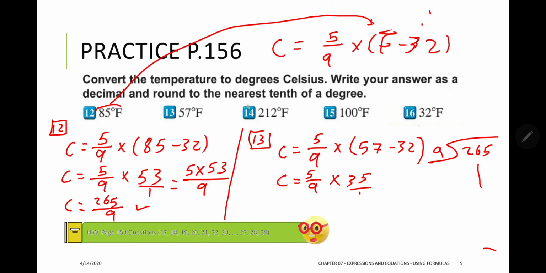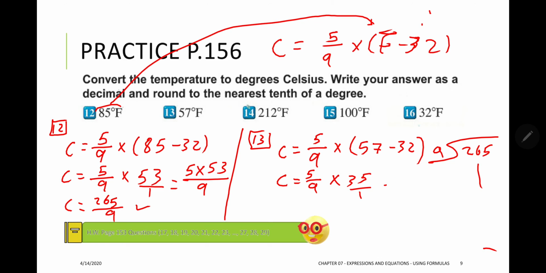Okay, again the denominator of 25 is 1. I think we can't find a common factor. 25 divided by which number and 9 which number? We don't have it.